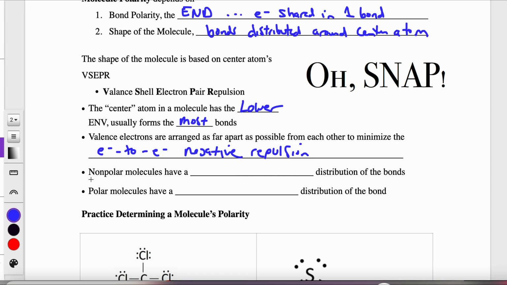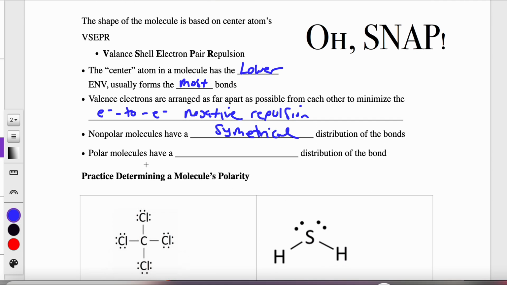So here we go. If it's a nonpolar molecule, we have a symmetrical distribution of the bonds. They are equally distant around the entire molecule. Where polar molecules, there's a lopsidedness to it, so there is a definite difference.